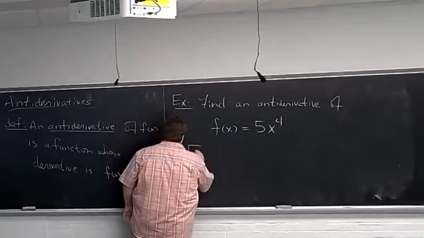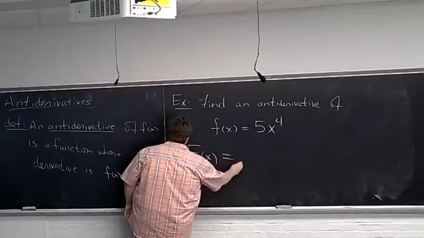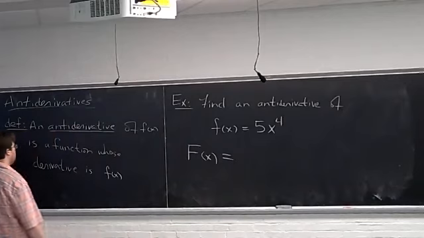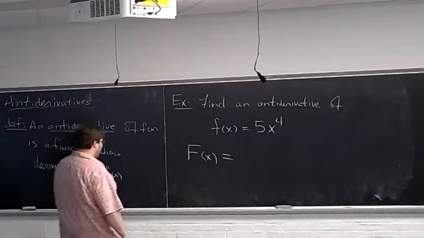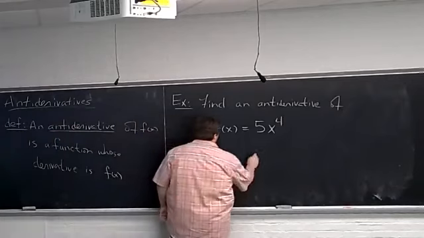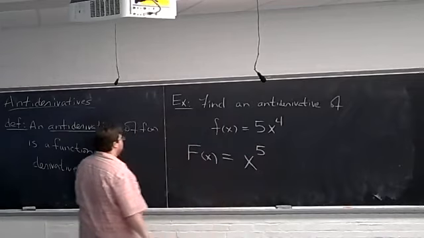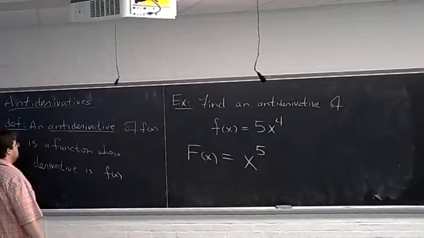Well, have we seen a way to get to 5x to the fourth by taking a derivative? Well, we have. The derivative of x to the fifth is 5x to the fourth.